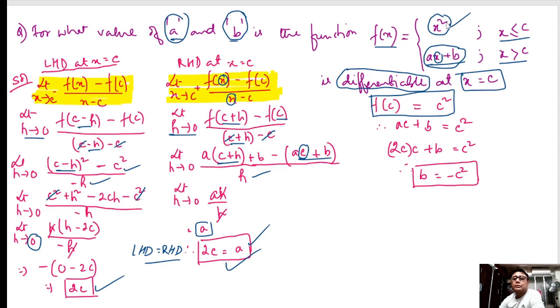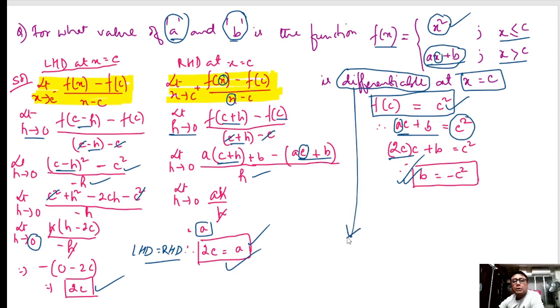So at x equal to c, the value is coming c square, and that also should be equal to the value of the left hand or the right hand. So in place of a, I will put 2c, and so we can find out the value of b.